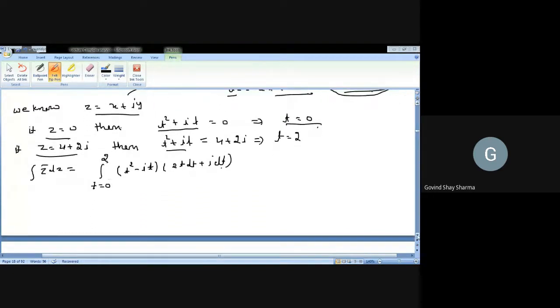Now we solve. From 0 to 2, we multiply all the equations. We will get 2t cube dt minus iota 2t square dt plus iota t square dt, and minus times minus is plus.